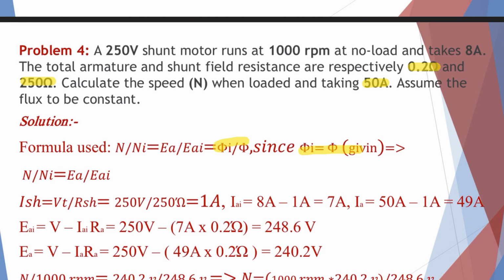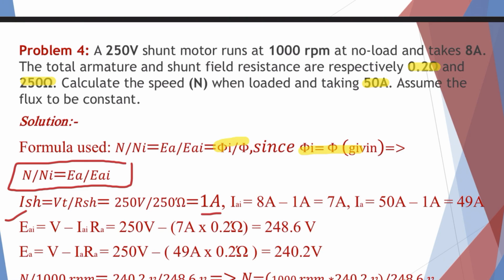So we have N over N1 equals EA over EA1. We find first the I shunt, or I field, which equals VT over R shunt, which is 250 over 250. The answer is 1 ampere.